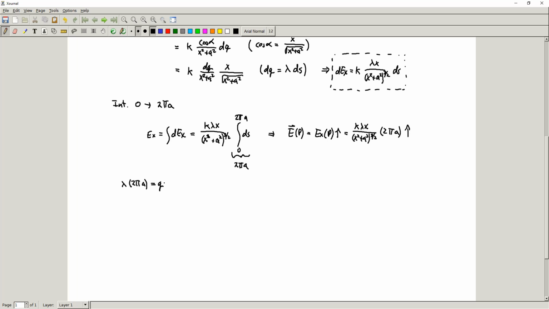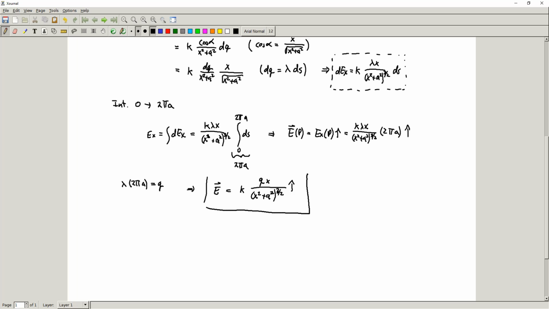So if I substitute that back in, we can write that our electric field is equal to k q x over x squared plus a squared to the 3 over 2 in the i hat direction.